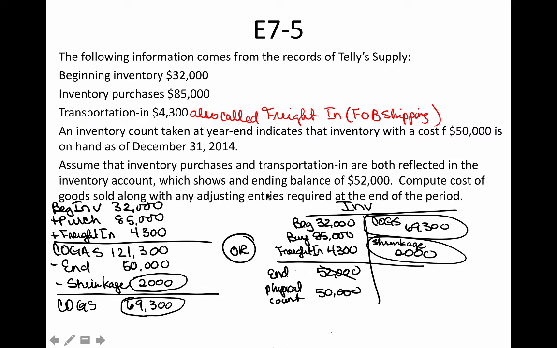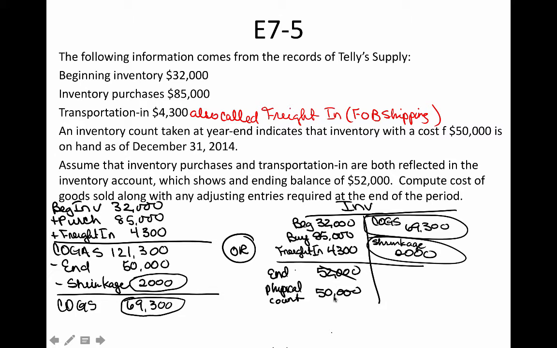This is another problem that's similar. What's different about this one, whether you do it the computation or the T-account approach, is notice it says that the account shows an ending balance of 52, but when we took a physical inventory, there's only 50,000 on hand. So how can you have an account that shows 52 and physically you only have 50?